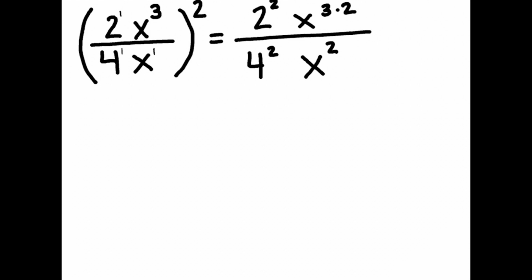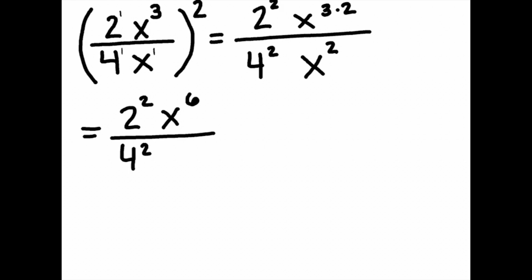I've got 1 exponent I need to simplify, and that's up top in the numerator. So I've got 2 squared, x to the 3 times 2 is really just x to the 6th, over 4 squared x squared. So I'm noticing some bases that are the same. That's those x's, right? You see these x's right here?